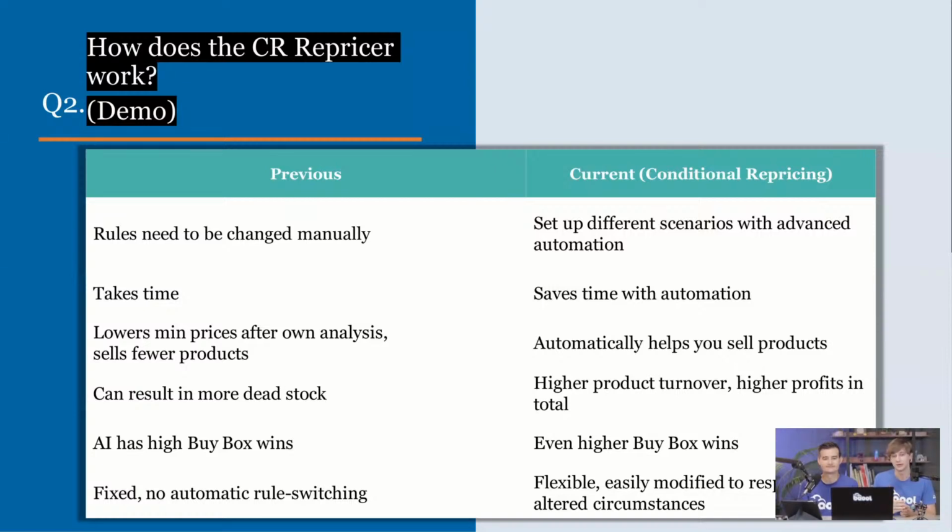For example, if you sell an item for maybe 60 days, you would need to go back to your repricing central and change the rule. But using conditional repricing, it will automatically change the rules. So this is the best thing. It will help you save even more time.